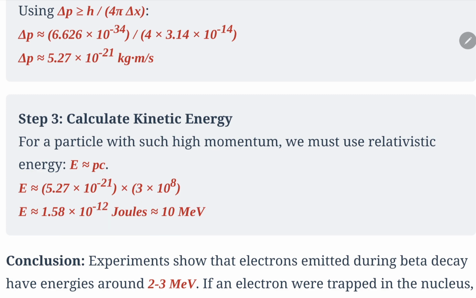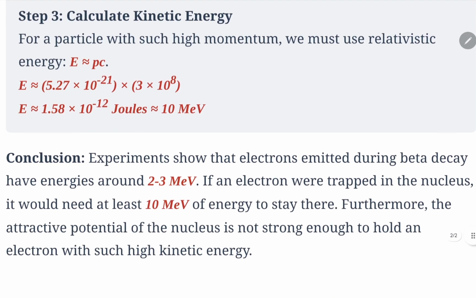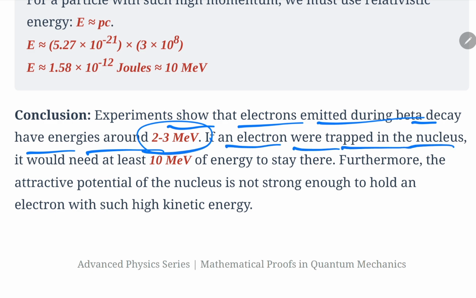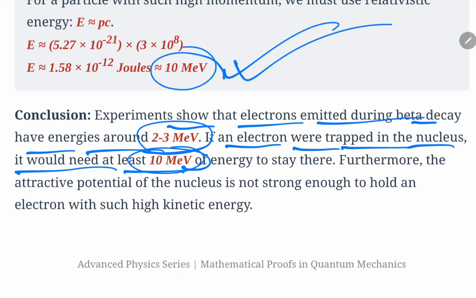So then you can see here that the kinetic energy is 10 mega electron volts, which is interesting because of the experimental results that we have so far. Experiments show that electrons emitted during beta decay have energies around 2 to 3 mega electron volts. If an electron were trapped inside the nucleus, it would have at least 10 mega electron volts, as you can see from the calculation.